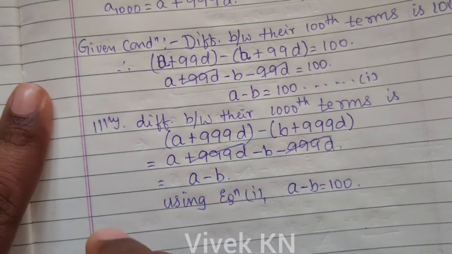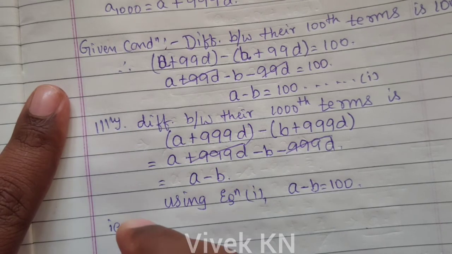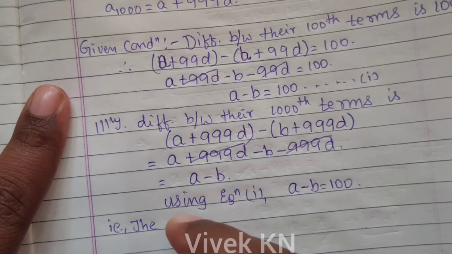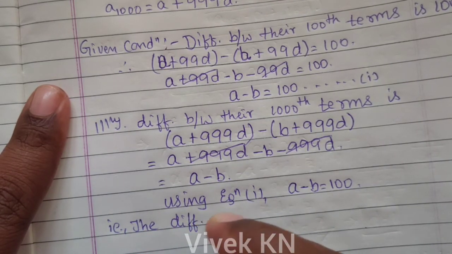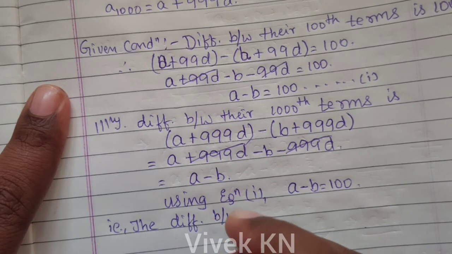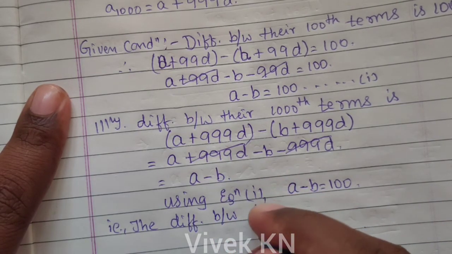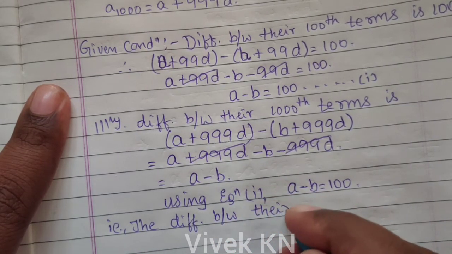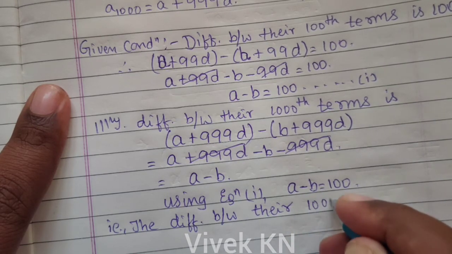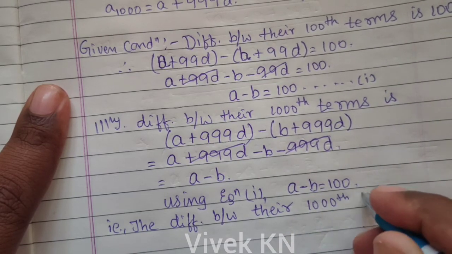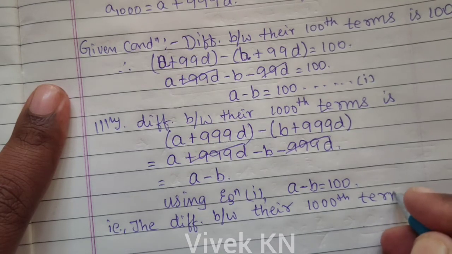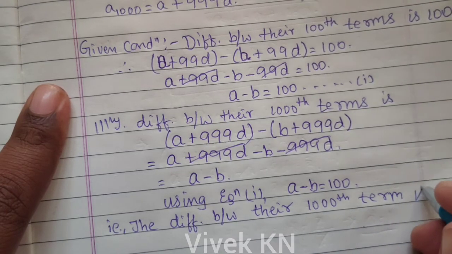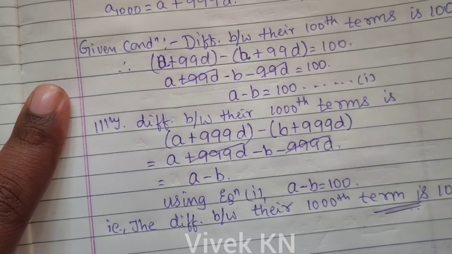That is, the difference between their 1000th terms is 100. This is the answer.